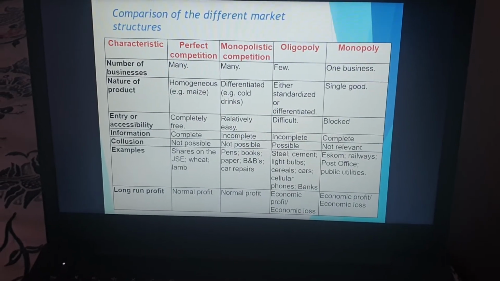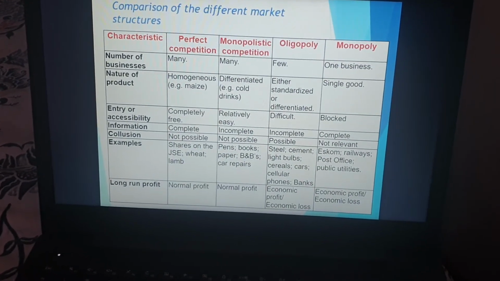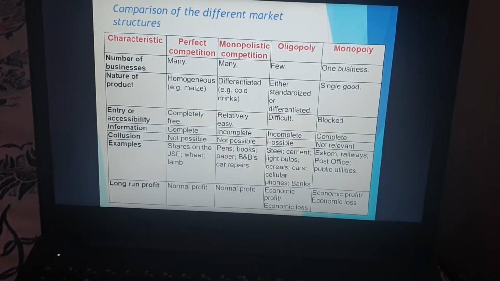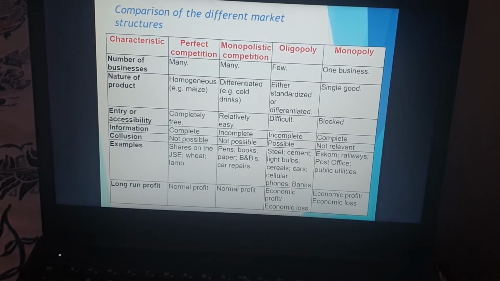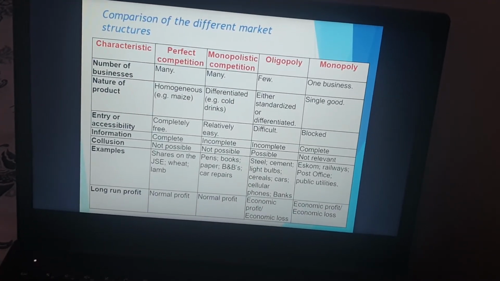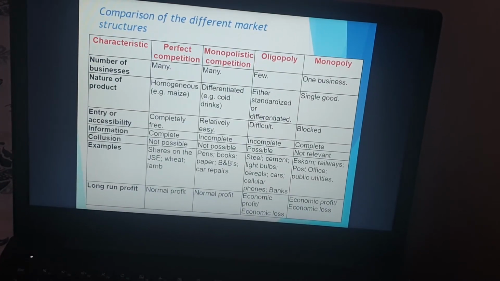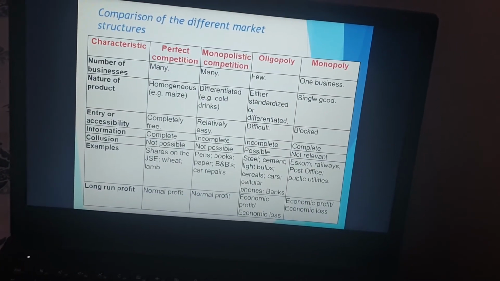Nature of the product: on the perfect it can be homogeneous, for example maize. Homogeneous means it is fairly similar, it looks the same. Monopolistic competition, differentiated, for example cool drinks like Pepsi and Coca-Cola.